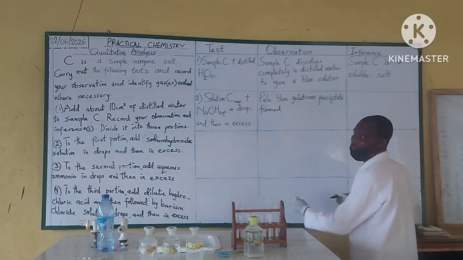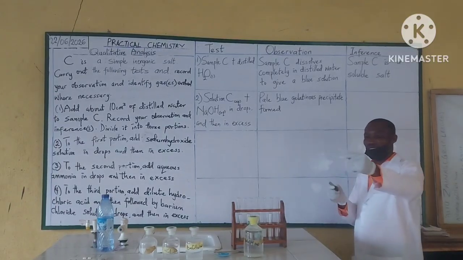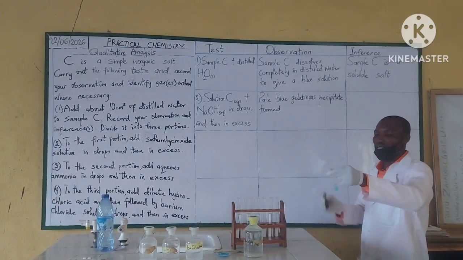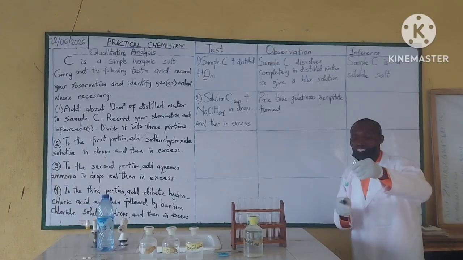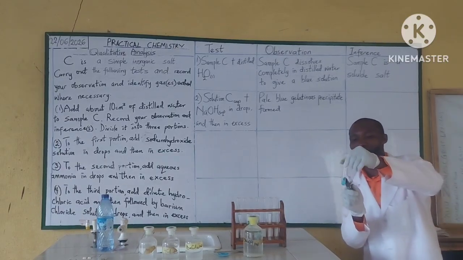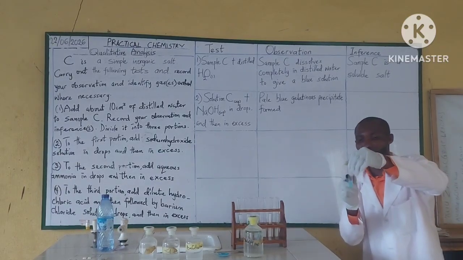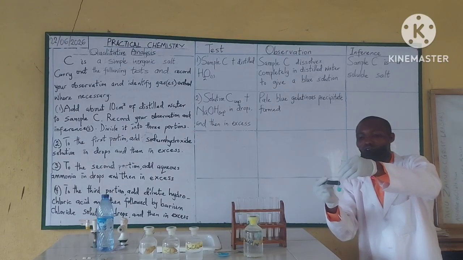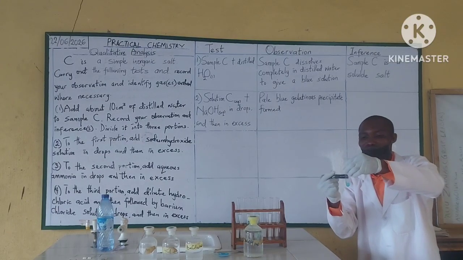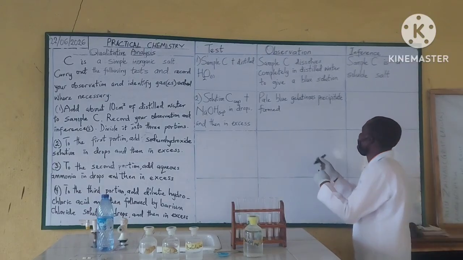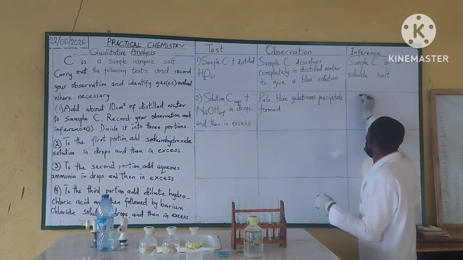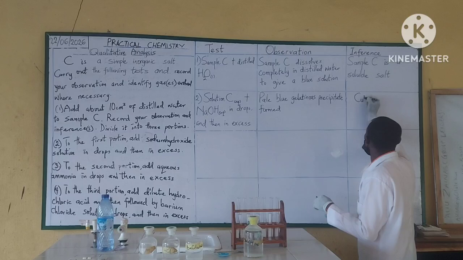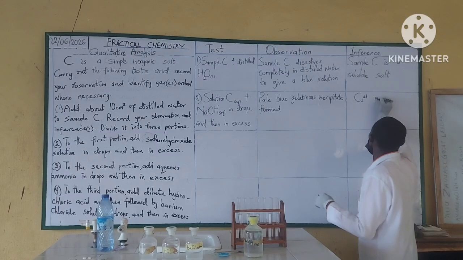That's going to be the result for in drops. You can see it's pale blue gelatinous precipitate, just looking oily, making the body of the test tube look oily, like grease. Here it says Cu2+ present.